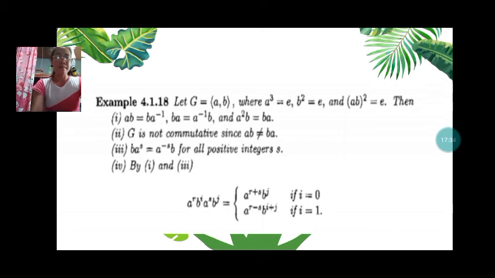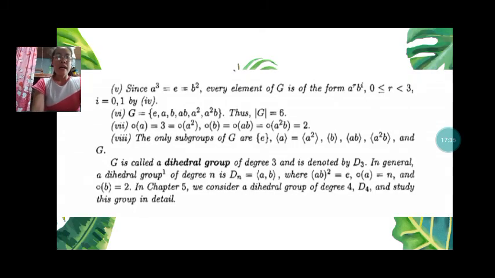Given, since A raised to the power of 3 is equal to E, which is equal to B squared, every element of G is of the form A raised to the power of R, B raised to the power of I, where R is greater than or equal to 0 and less than 3, so R is 0, 1, 2, and I is equal to 0 and 1 by 4.